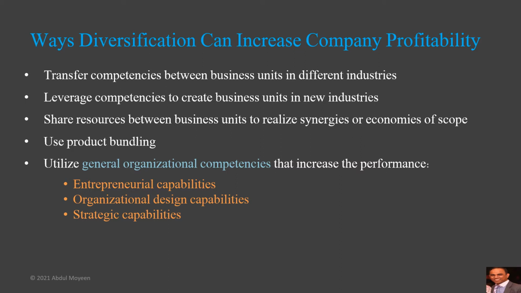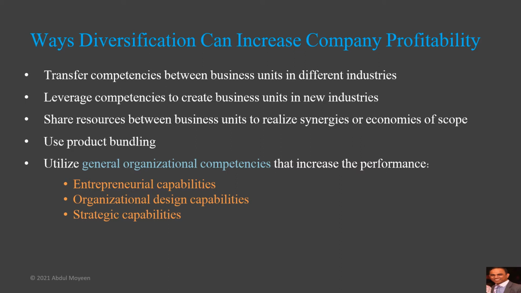Economies of scope arise when one or more of a diversified company's business units are able to realize cost savings or differentiation synergies because they can more effectively pool, share, and utilize expensive resources or capabilities such as skilled people, equipment, manufacturing facilities, distribution channels, and R&D laboratories, and so on and so forth.